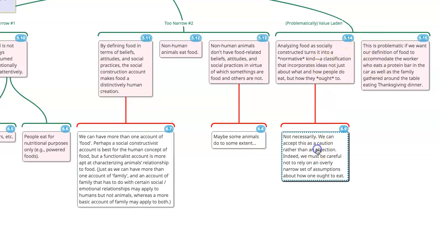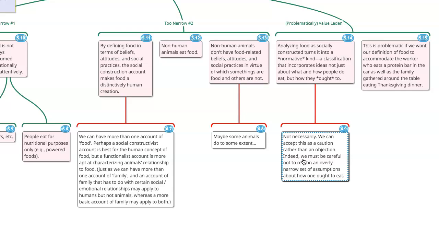But the response here is, this isn't necessarily true. Analyzing food as socially constructed doesn't need to turn it into a normative kind. It doesn't need to classify food in terms of how we ought to eat, as in: you're really eating food if you're eating at a table with your family, and you're not really eating food when you eat a protein bar in your car. We don't need to say that kind of thing. So instead of objecting to this claim, she says, well, not necessarily.